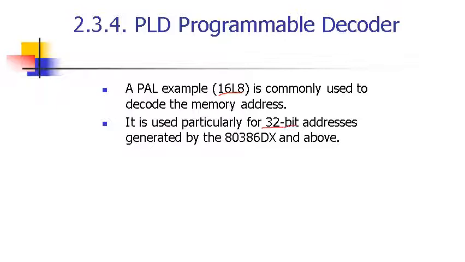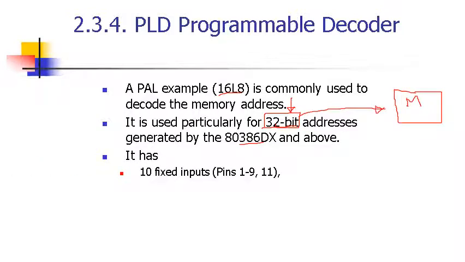It was first used with the 386DX processors, in particular when decoding a 32-bit address. So now we have 32 lines connected to a memory. These 32 lines or 32 bits are much larger than the address bits or lines in the memory. This is why we need to decode this 32-bit address.